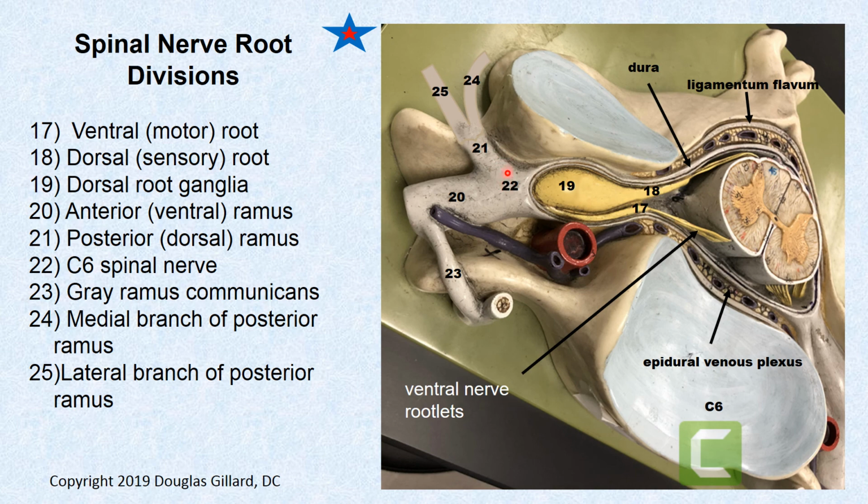We talked about all this. This is the dorsal rami. Dorsal rami splits into a medial branch, which is super important. This medial branch actually has fibers that go into the zygapophyseal joint, or the facet joint, and it supplies it with proprioception as well as can transmit the signal of pain.